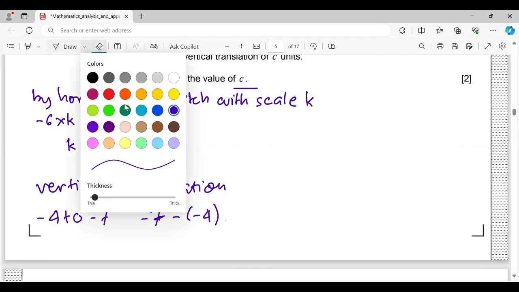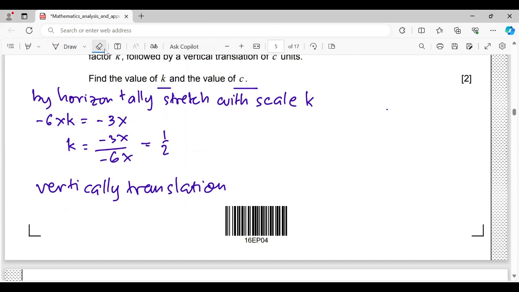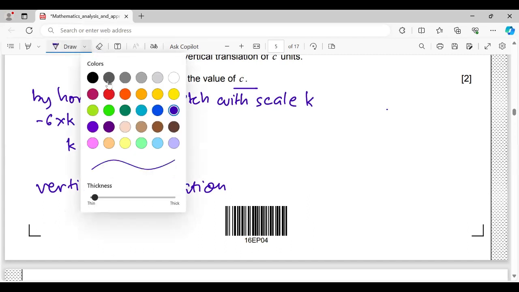The vertical translation. Sorry, minus 4. I mean minus 4, not plus 0. Minus 4, 2.